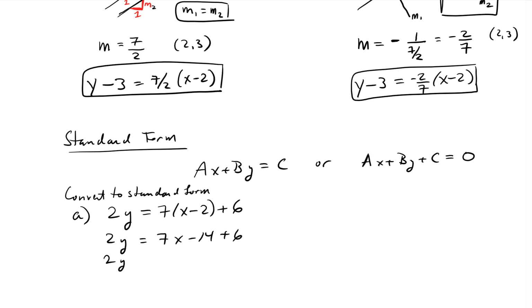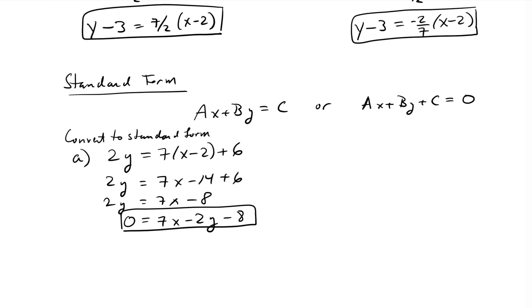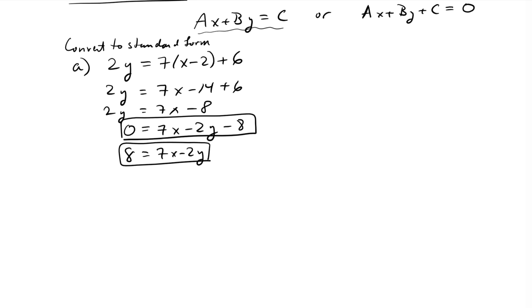Collect like terms. And then you just send x and y on the same side. So we'll subtract 2y. So that could be your answer. Maybe in the book, and I think in the book they focus more on this, they would send probably the 8 on the other side. But to me they're both good. So this is okay, standard form.